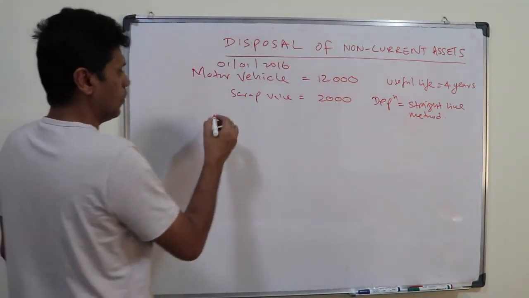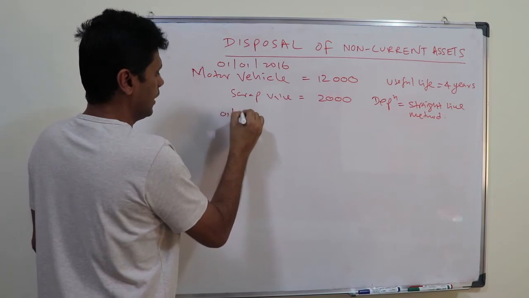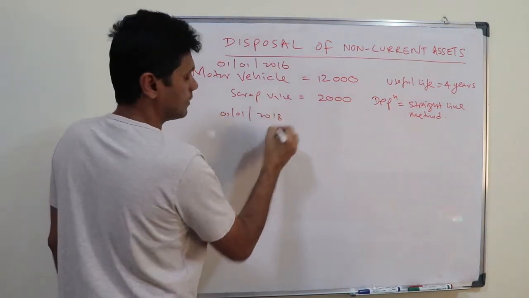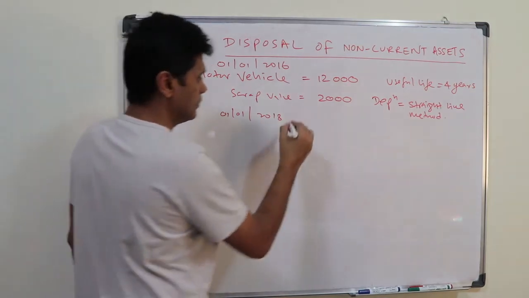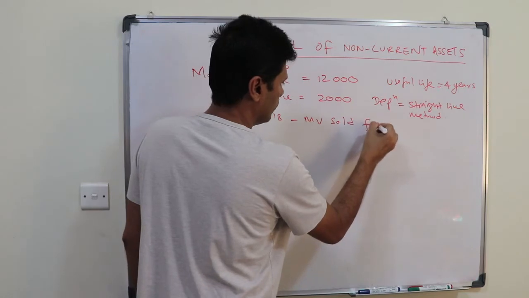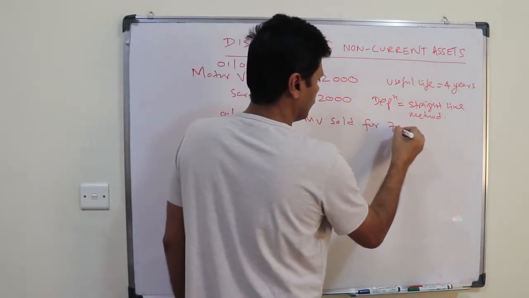On 1st January 2018, this motor vehicle was sold for 7,500.